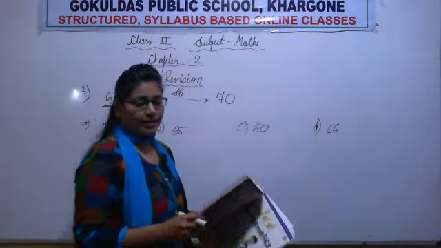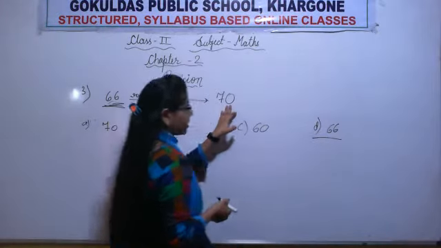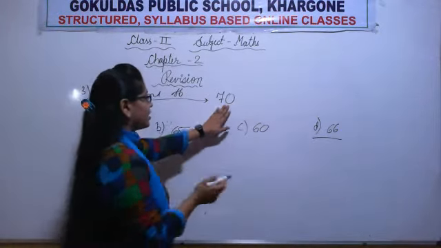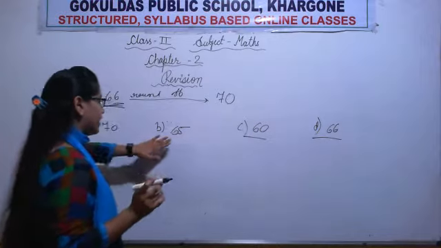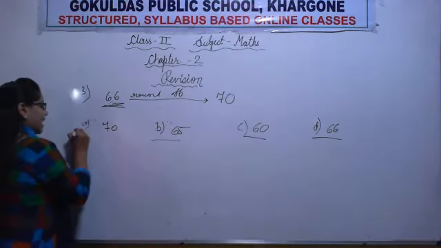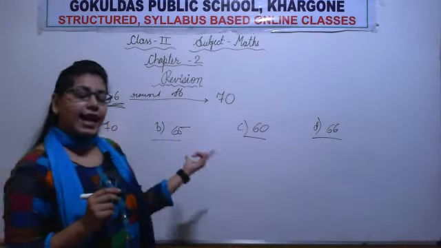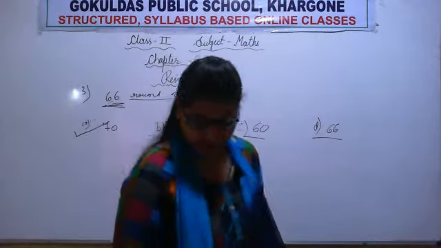So let's check. Is it 70? Yes. 60, this is not our answer. 65, this is not our answer. Yes, 70 is our answer. So we will tick option A, which is 70. Okay?